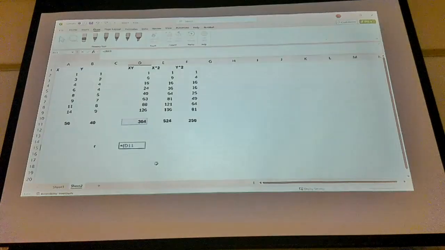All right, so sum of xy minus sum of x times sum of y divided by n, which is the number of data points. How many are there? All eight. That's the numerator.